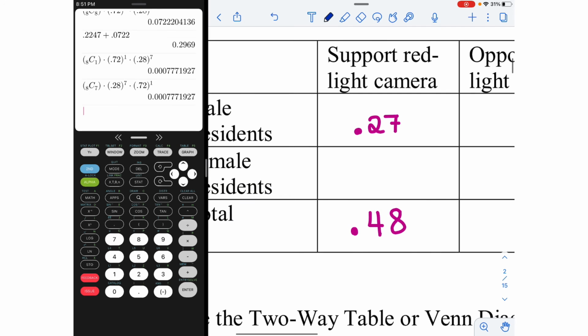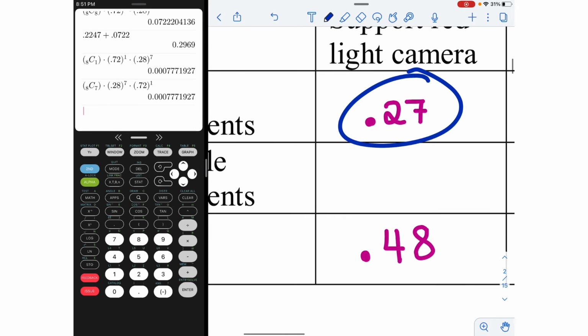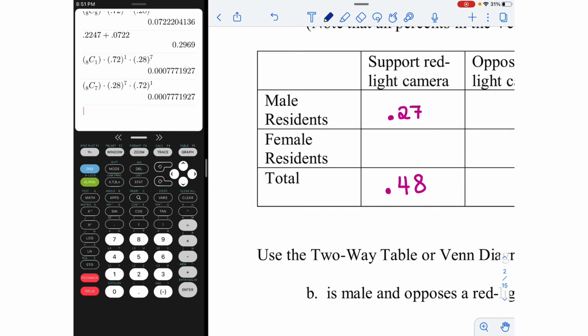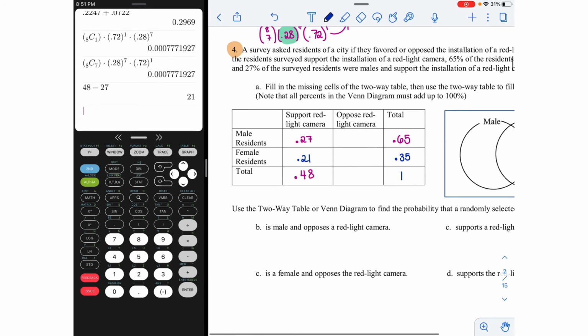Now, I know that there needs to be 48% of people that support the red light camera, which means if 27% were male, 48 minus 27 is 21. That means 21% would be female. And then let's fill in the blanks here.